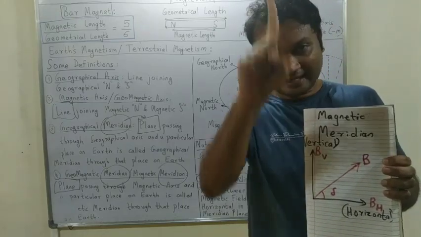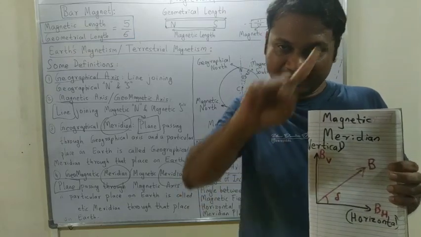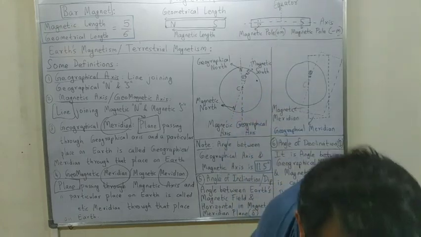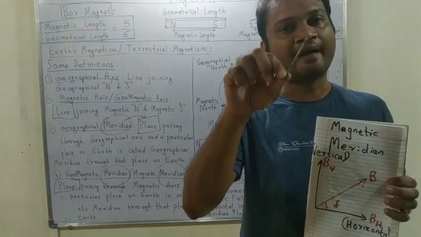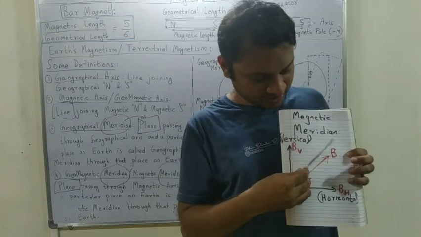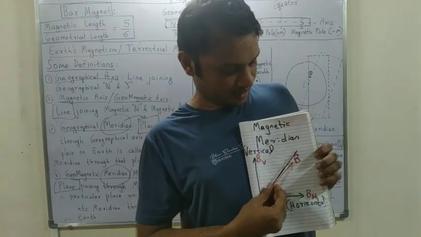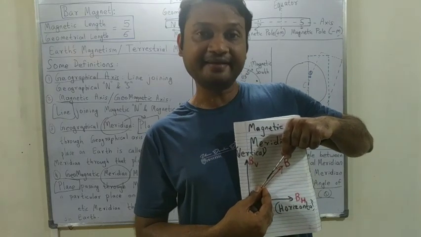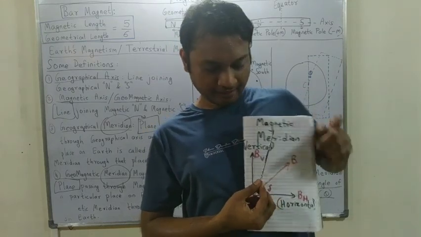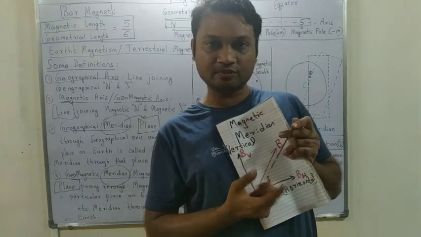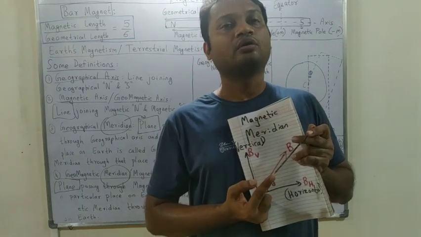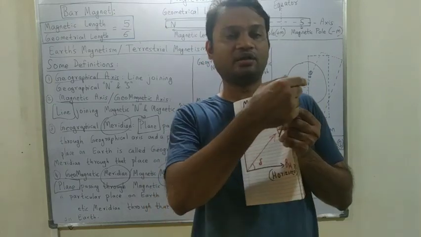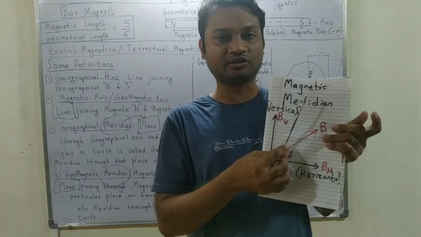Other than that, we had another axis which was slightly tilted, shown by this needle, known as magnetic axis. Suppose this is the magnetic axis. At the top end we have magnetic south, and at the bottom end we have magnetic north. So this is magnetic north and this is magnetic south of Earth.